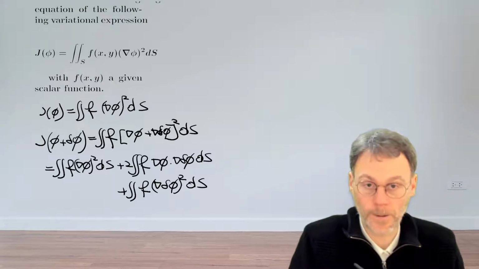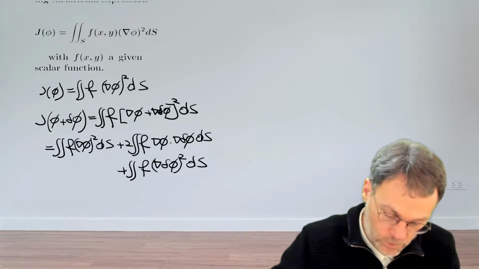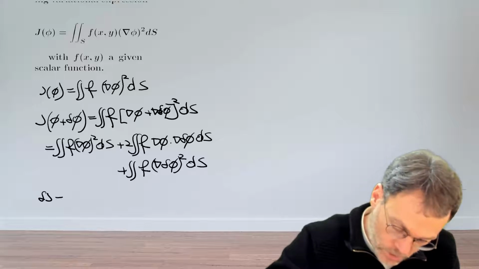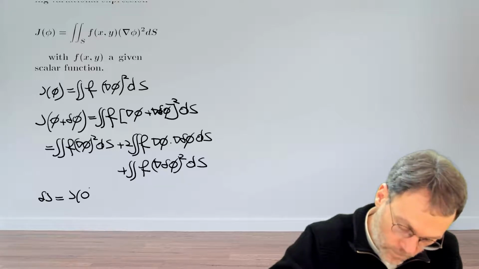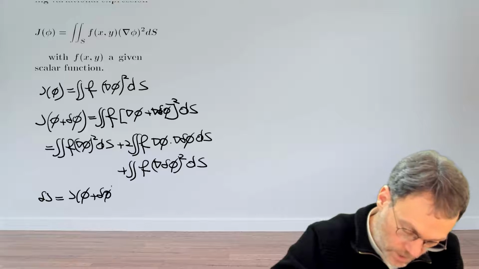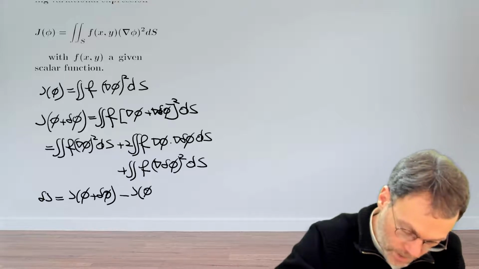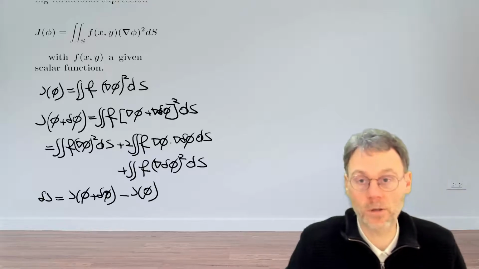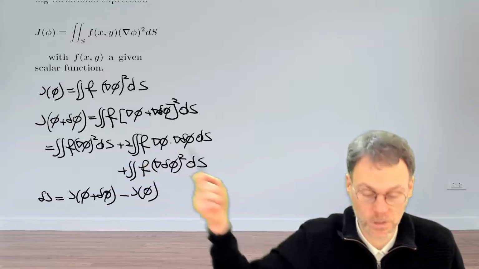Good. So now let's have a look at the first variation, which is just J of phi plus delta phi minus J of phi. So now we're in a position to calculate that because we have explicit expressions for both of them.